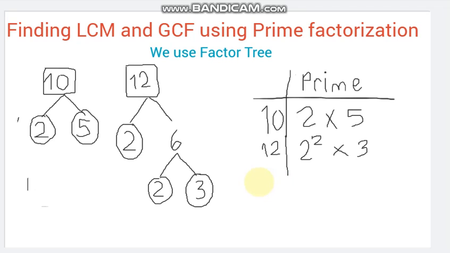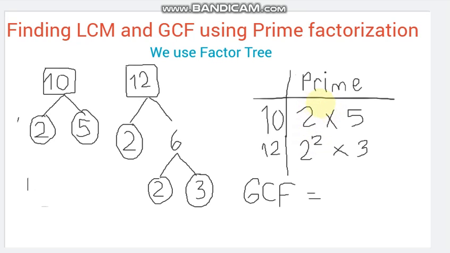Now, what we're going to do first is find the GCF of 10 and 12. The GCF will be the same number between these prime factorizations of 10 and 12, the one that is the same. We can see here that there is a 2 on the top and a 2 on the bottom.